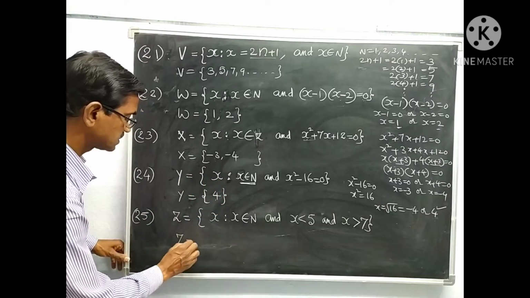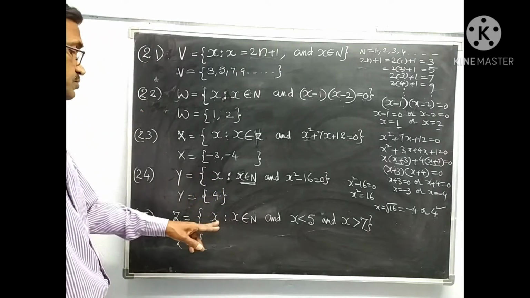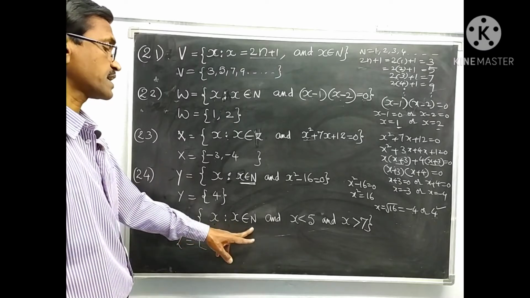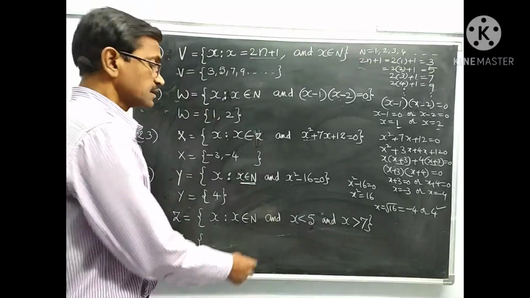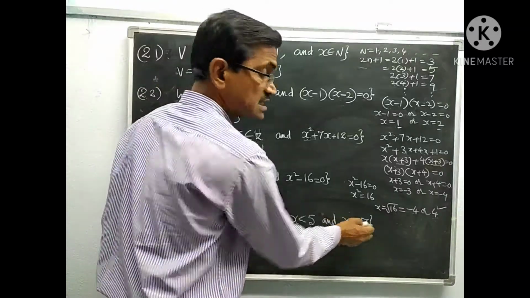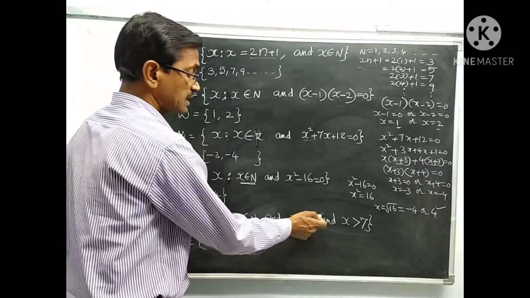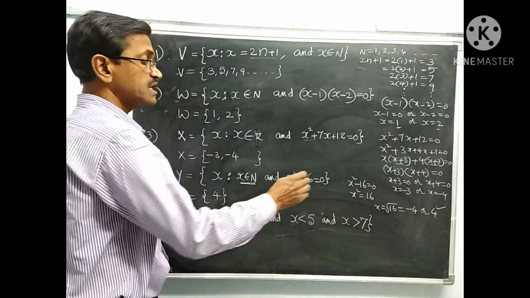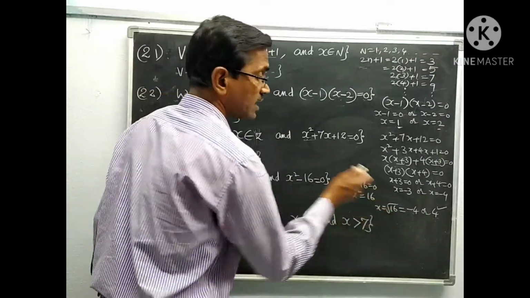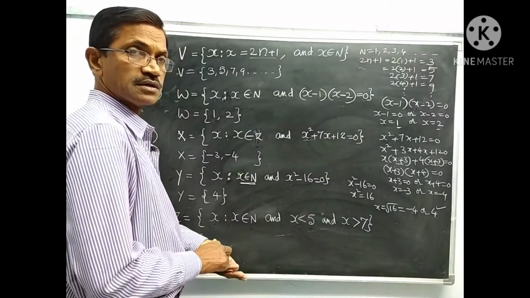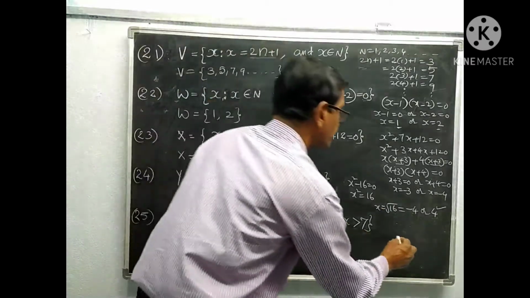Here Z is equal to x such that x belongs to N and x less than 5 and x greater than 7. Does this element exist? x less than 5 and greater than 7. Is there any element less than 5 and greater than 7?